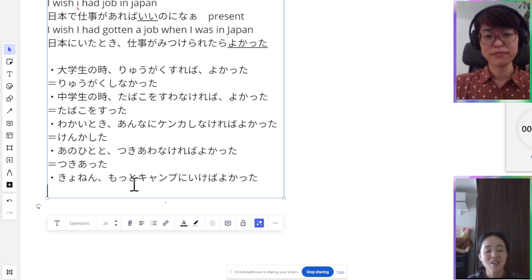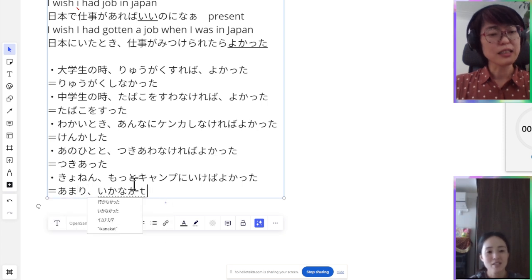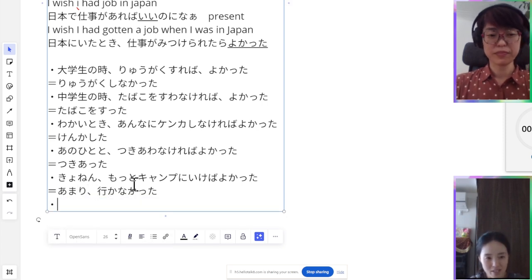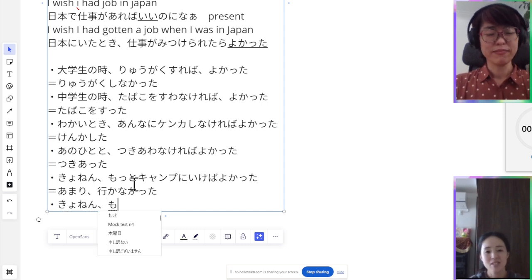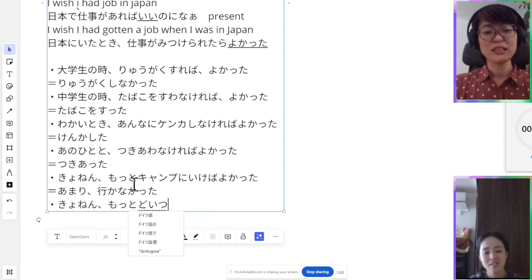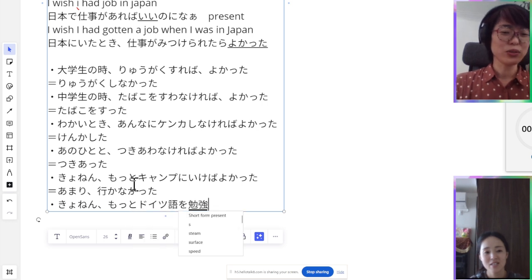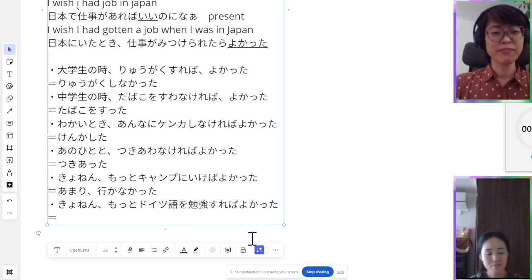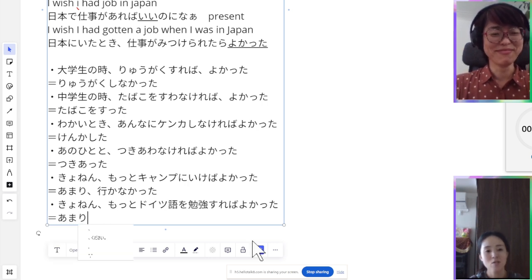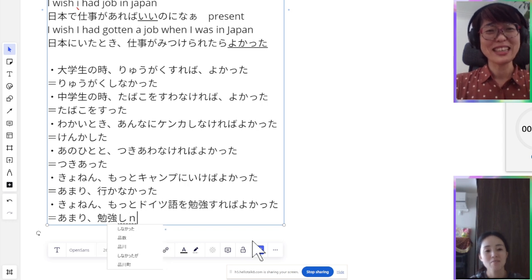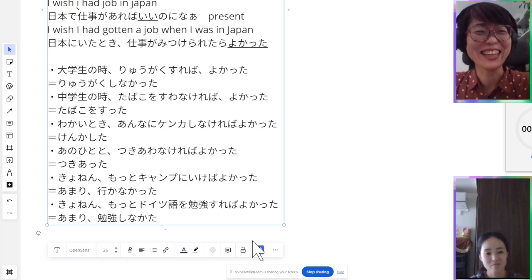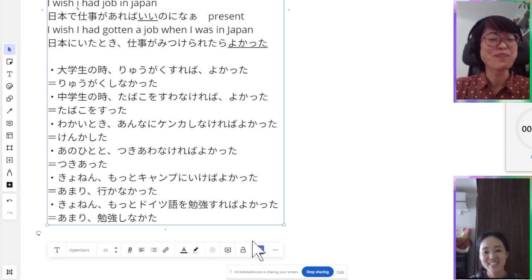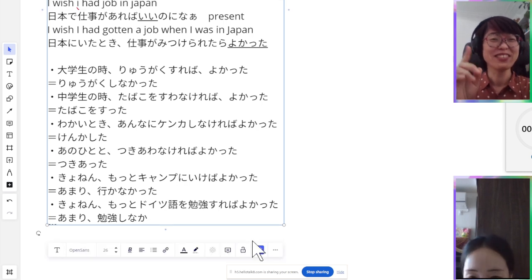What does it mean? 行けばよかった, you didn't go much. 去年もっとドイツ語を勉強すればよかった. What does it mean? You didn't study German much.